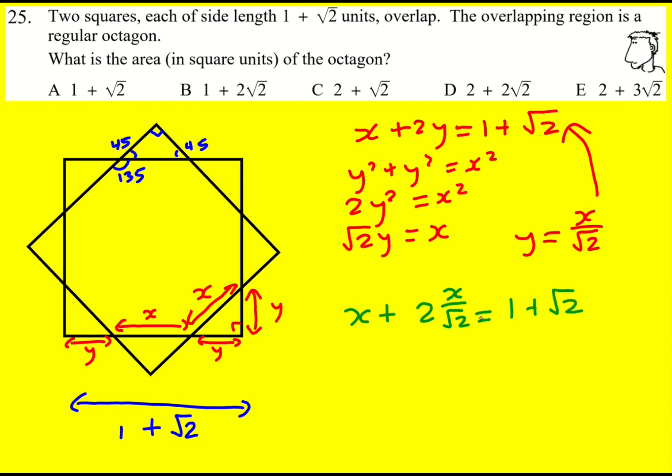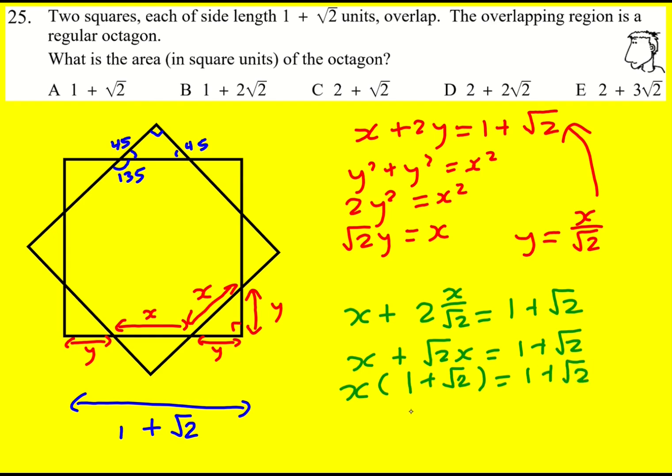And 2 over root 2 is actually root 2, so it's x plus root 2x equals 1 plus root 2. That tries out the x. It must therefore be, without too much work, that x is equal to 1. And we're well on our way now.